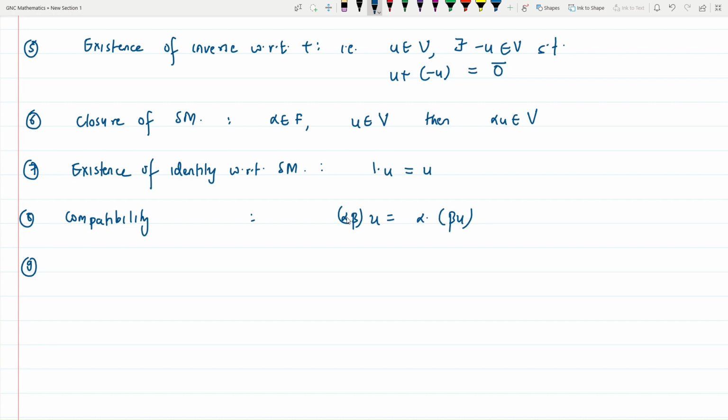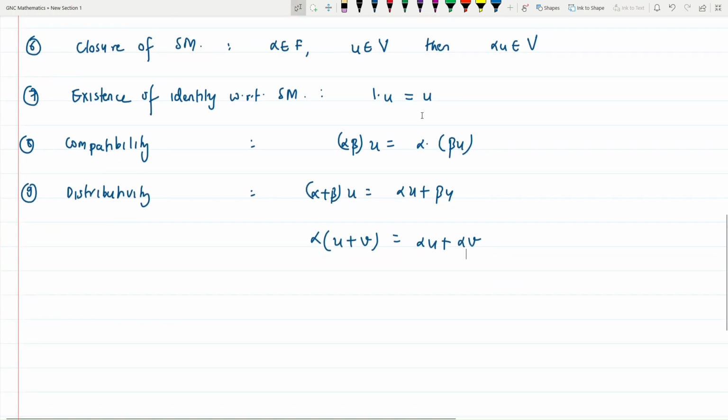And lastly, we have distributivity between vector addition and scalar multiplication, which can be stated as alpha plus beta times u is equal to alpha u plus beta u, while alpha times u plus v is alpha u plus alpha v.